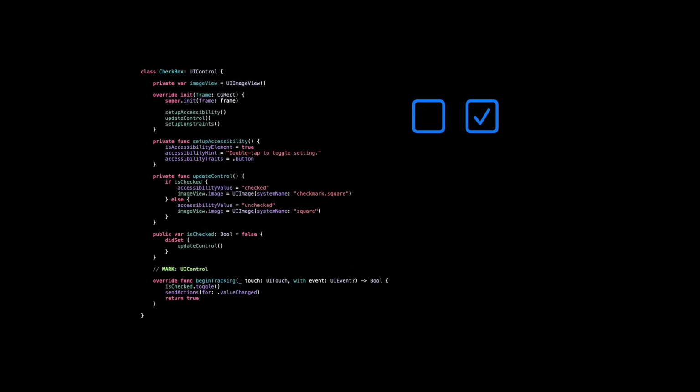Here, I've fixed some of this accessibility. It now works with VoiceOver, Switch Control, and Voice Control. I've added a setupAccessibility function near the top, where I now set isAccessibilityElement to true. I give it an accessibility hint of "double tap to toggle setting," just like the Switch had, and I set the accessibility traits to just .button.